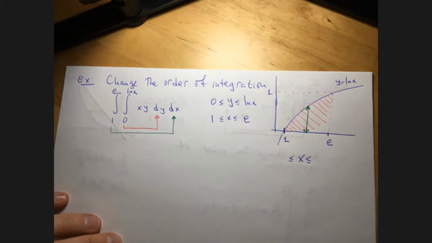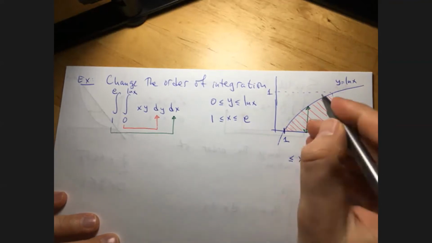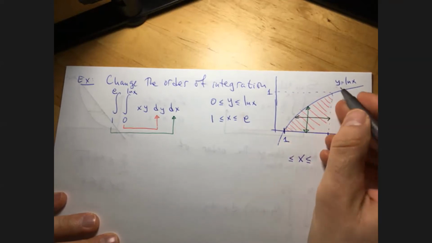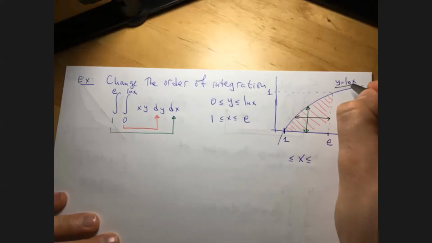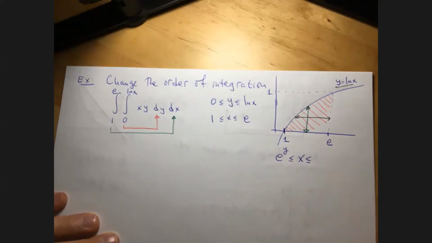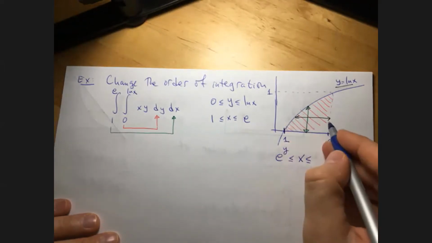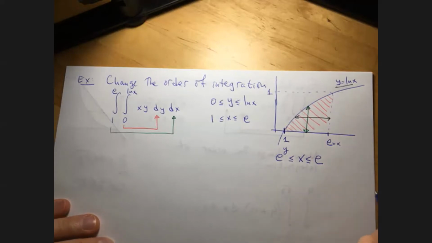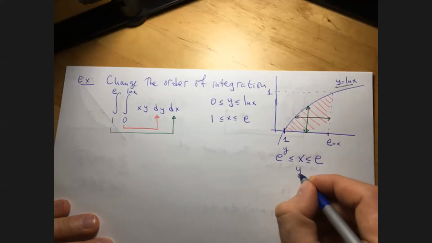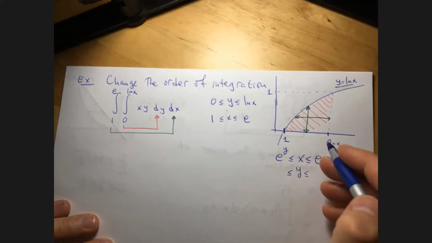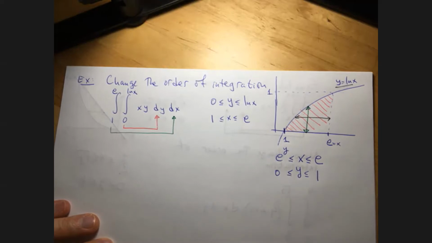What does that mean in terms of x? X is greater than this function y is equal to ln of x. How much is that in terms of y? That's e to the power y. And it's less than x is equal to e. Then y is going to be bounded by the constants of this region from 0 to 1.